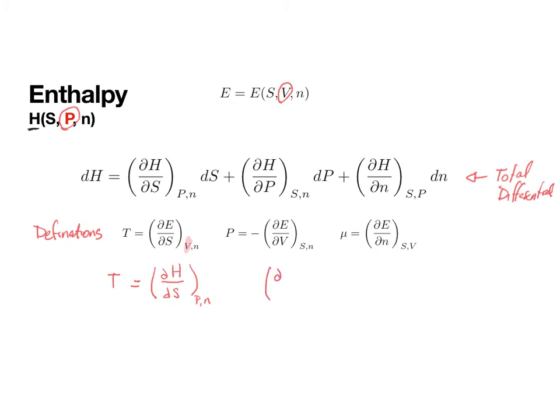Now we want to take H with respect to P, holding S and N constant. We are changing the variable inside, which means that this is going to be equal to V, because I've got a negative and a negative from this transform, making it a positive.